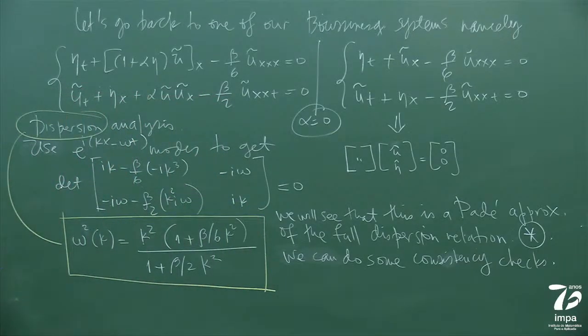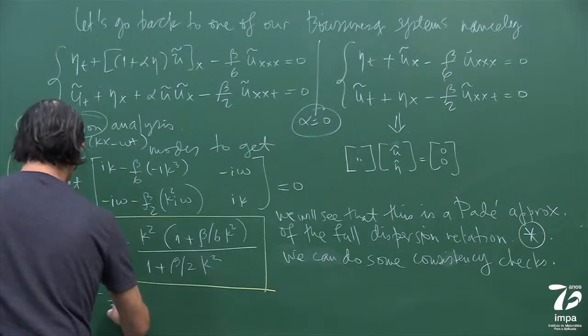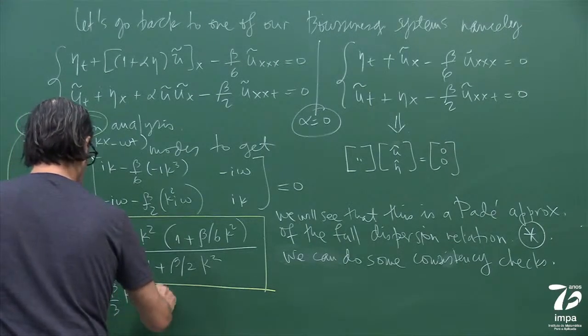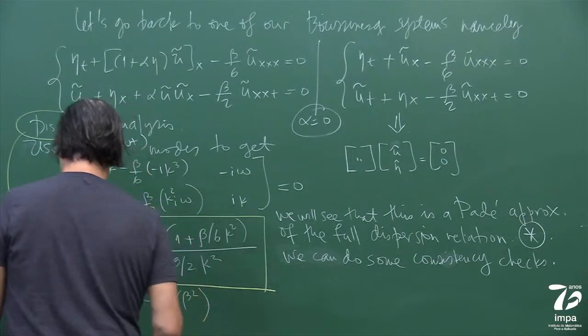Now the other important thing is this. I can put it here on this same blackboard. Check this expression here. I can write that omega squared is approximately k squared minus beta over 3 k to the fourth plus order beta squared.